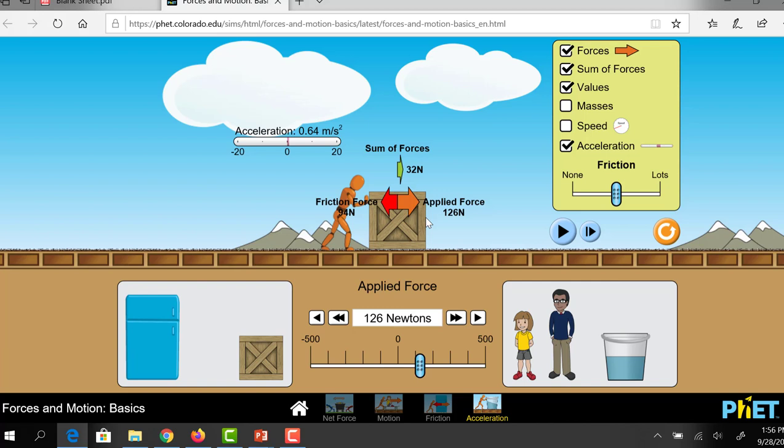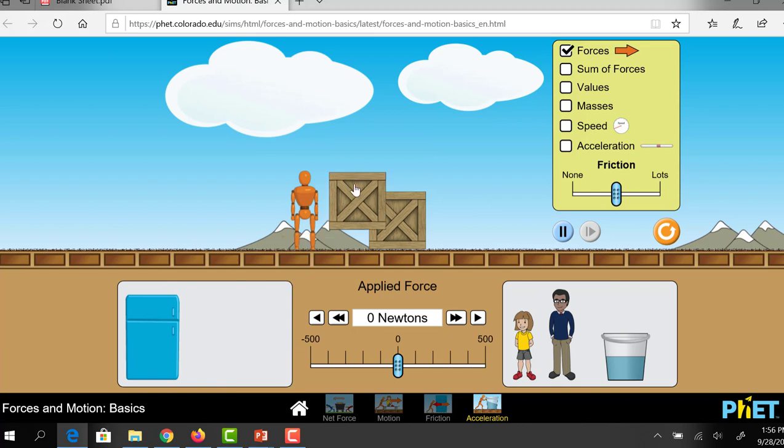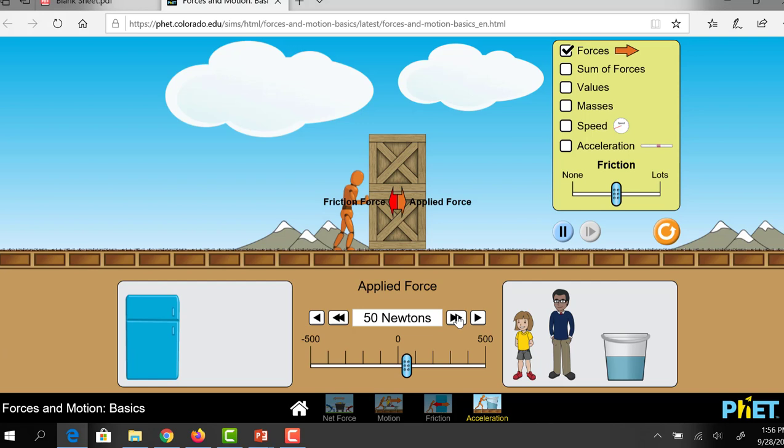And we'll see that the amount of friction you have is also related to the amount of mass that you're trying to move. It's related to the mass because the normal force is involved. Really, it's related to the normal force. So if I put more mass on here and I try to get this to move, it's not going to move. Let me actually reset it and try to get this to move.